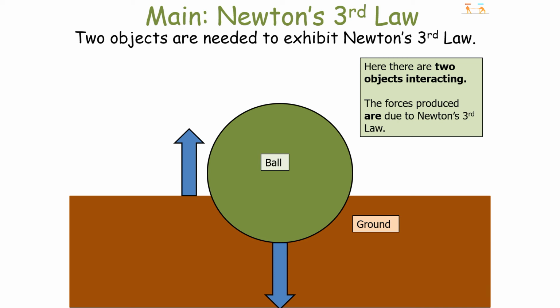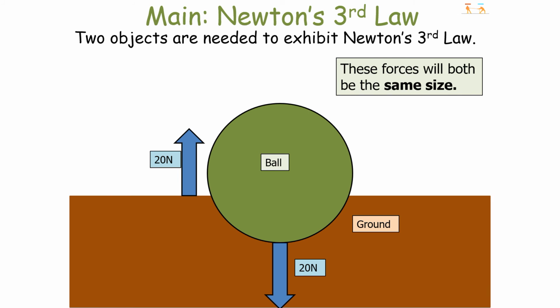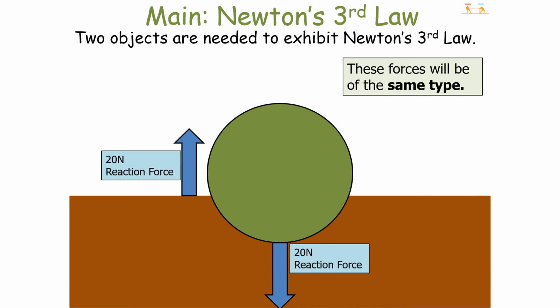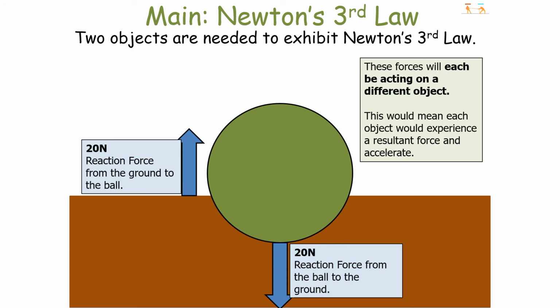Now, in this case, we have 2 objects interacting, so the forces produced are due to Newton's third law. The forces produced will be the same size, they will act in opposite directions, they will be of the same type, but they'll be acting on a different object. So this means each object would receive the same resultant force and will accelerate.